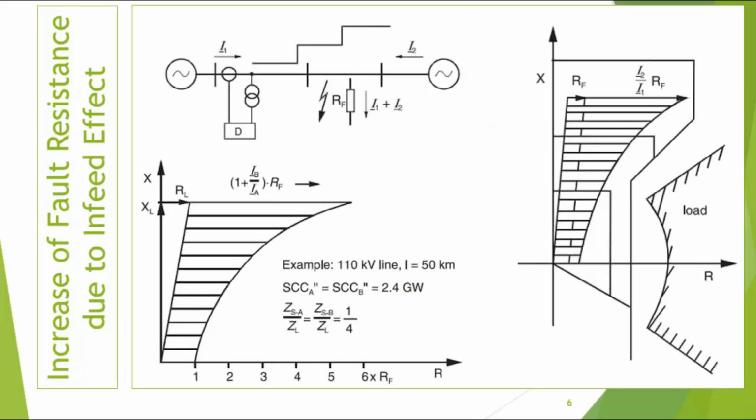Increase of fault resistance due to infeed effect. I was talking last time that as the fault goes away from my relaying location, the infeed factor starts increasing. The I2 starts increasing, and that is exactly what is being shown.